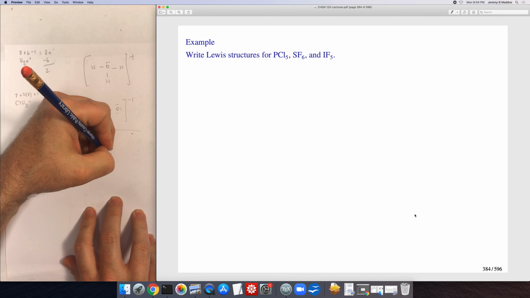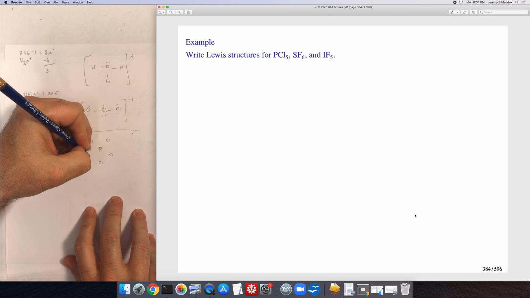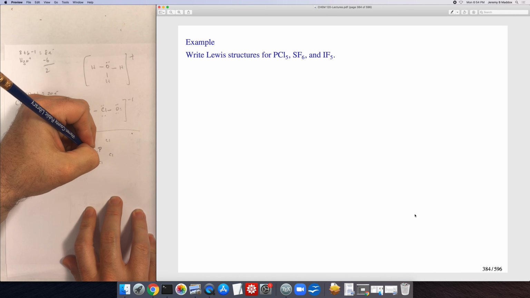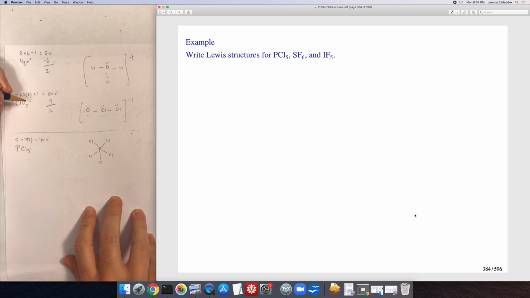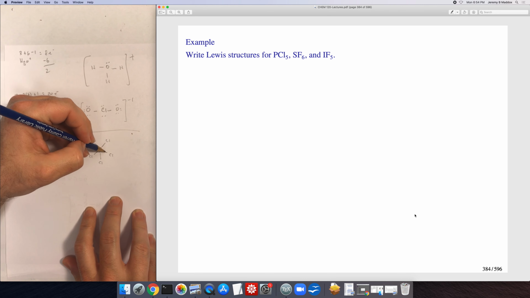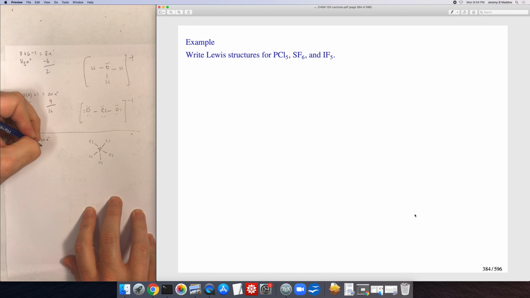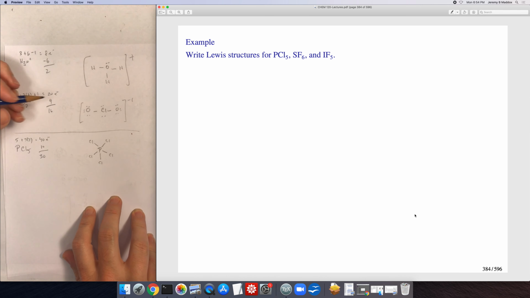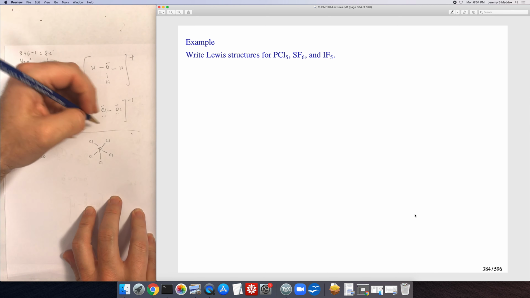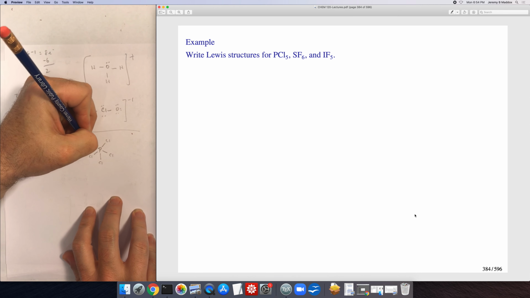So we'll make a little pentagon here of chlorines, and then we'll make our skeleton structure. So notice that's 2, 4, 6, 8, 10 electrons that we've taken into account. We've got to fill in 30 electrons, and we start with the satellites. Okay, so 1, 2, 3, 4, 5, 6.